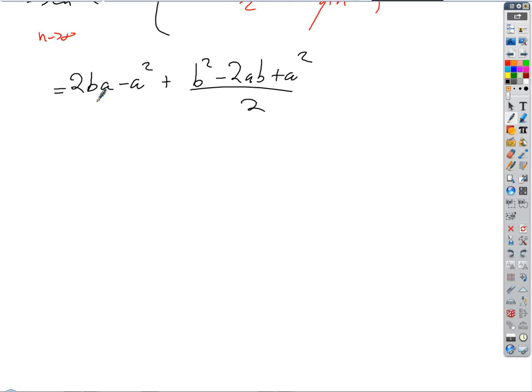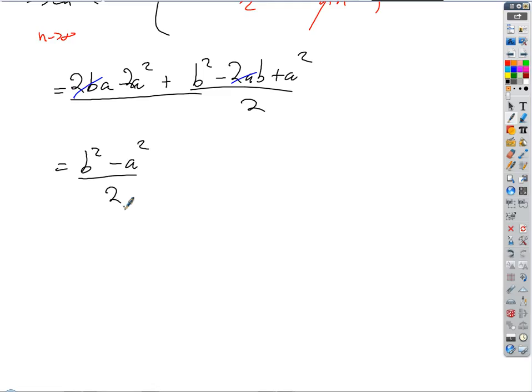So let's make that a 2ba minus 2a squared, and the whole thing is over 2. And let's add up like terms. So I've got a b squared. I've got a 2ba minus a 2ab, so those cancel. Everybody see that? So those guys go away. Minus a 2a squared plus an a squared is just minus an a squared, right? Everybody agree? Okay. Over 2.